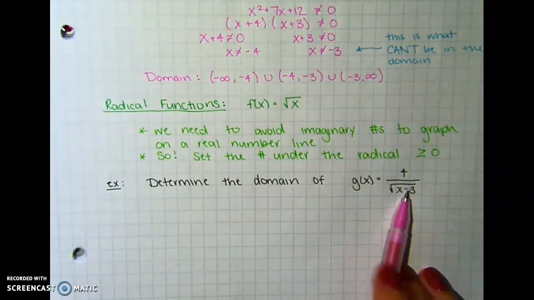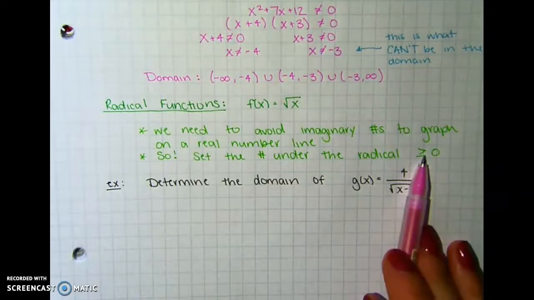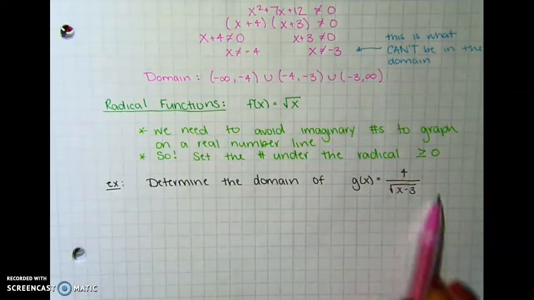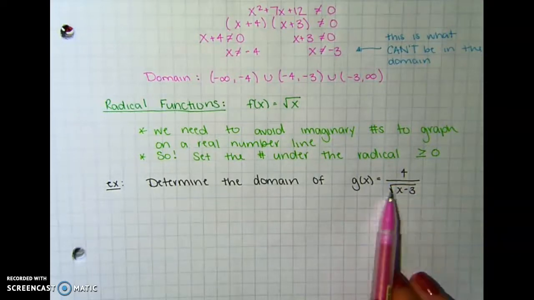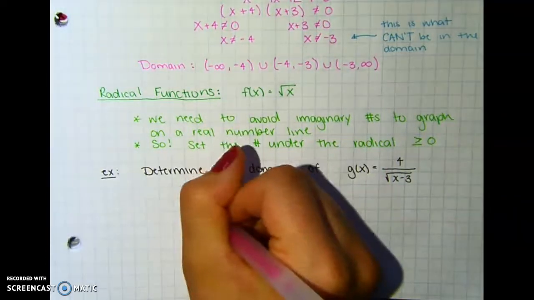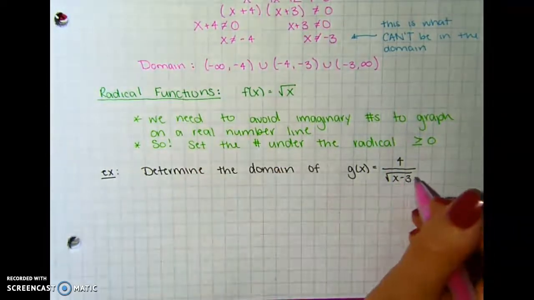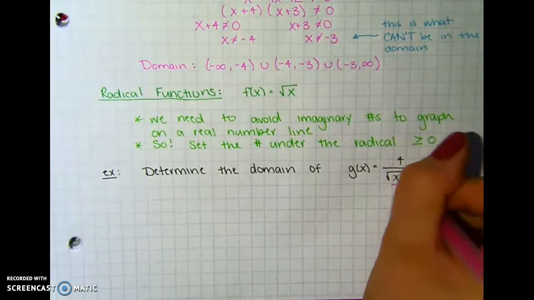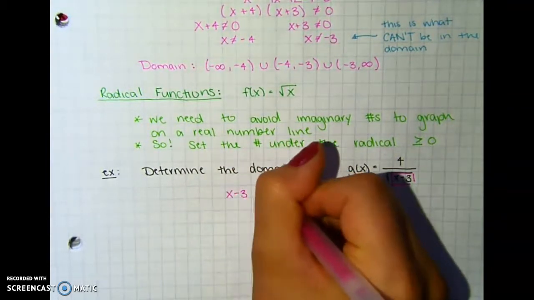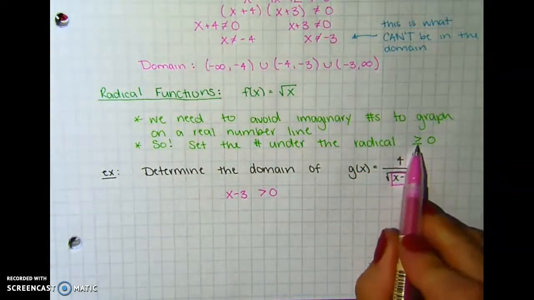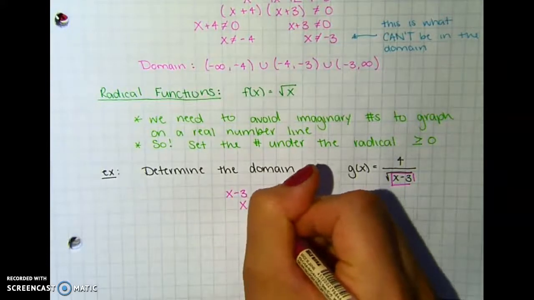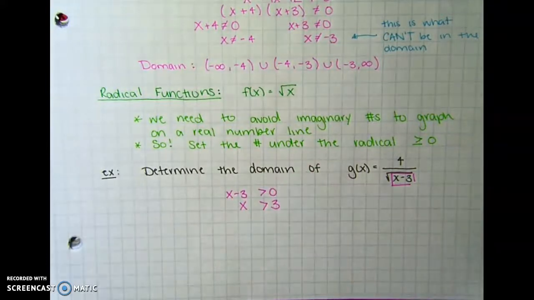So because it's a radical, we're supposed to set it greater than or equal to 0. But this is also a rational function, and the denominator can't be 0. So what we do here is we take this x minus 3 and we just make it greater than 0 because it can't equal. So then x is greater than positive 3 is our answer.